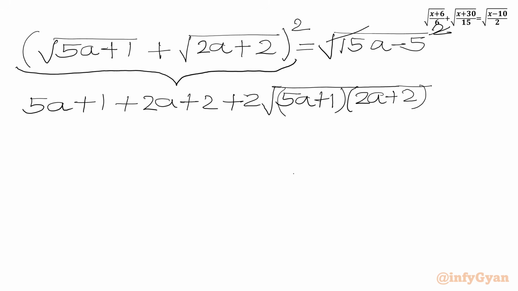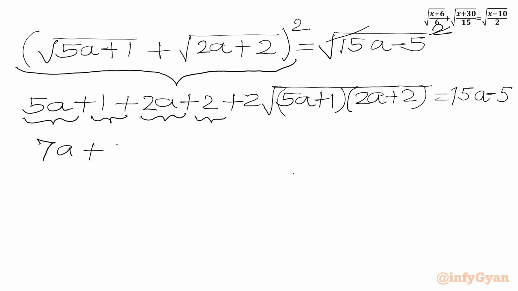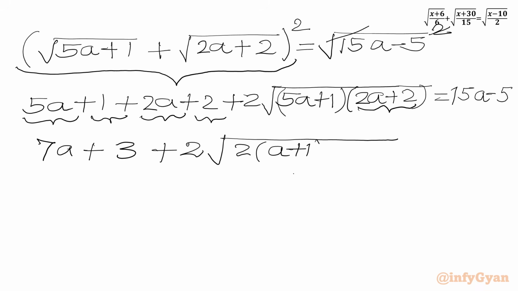And in RHS we are going to write 15a minus 5. 5a plus 2a, we'll write here 7a, plus 1 plus 2, we'll write here 3, plus 2 times the square root of. We'll take 2 common from this bracket and we can write 2 times a plus 1 times 5a plus 1. And in RHS we need to write 15a minus 5.